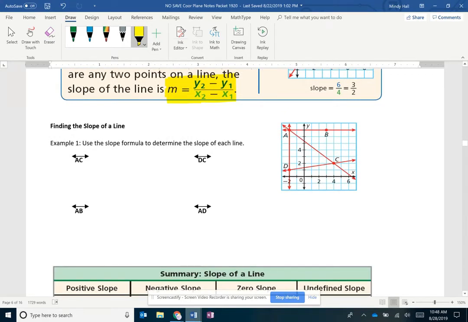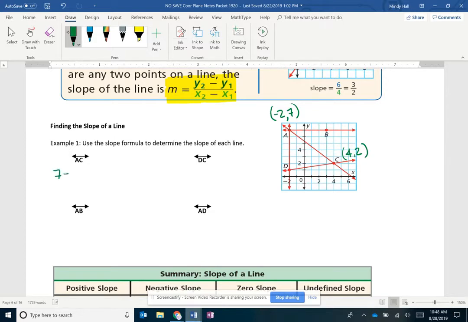So I'm going to do 2 of these with the slope formula and 2 of them just by counting. To do AC with the slope formula, A is at negative 2, 1, 2, 3, 4, 5, 6, 7, and C is at 4, 2. If I wanted to use the slope formula for AC, I would subtract my y values.